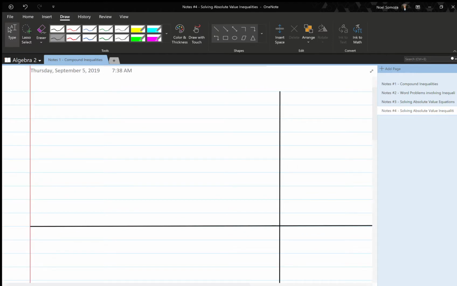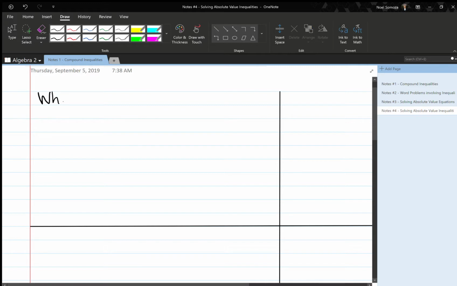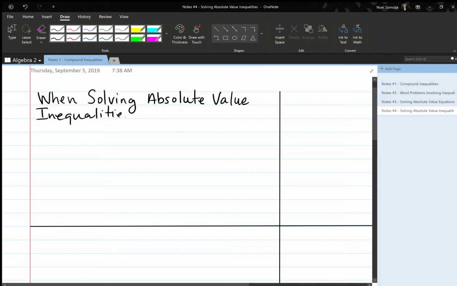When solving absolute value inequalities, we must convert into a compound inequality.